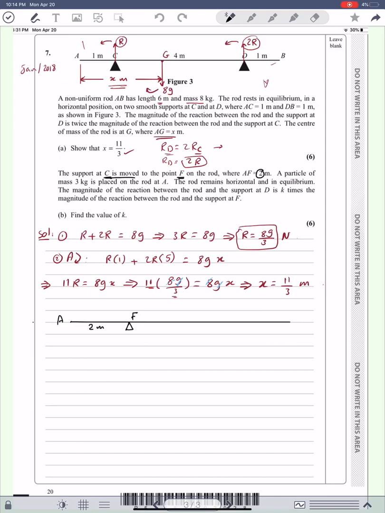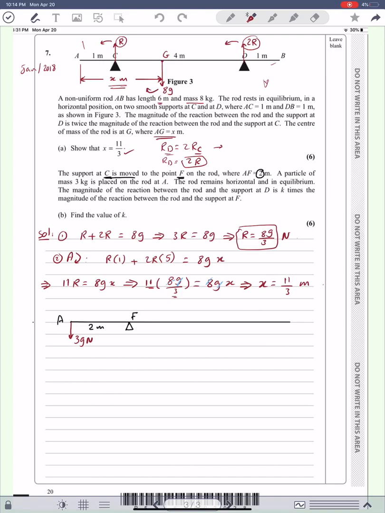Good. A particle of 3 kilograms is placed on the rod at A now. So we have here at A 3G newtons, the weight of the mass 3 times G. The rod remains horizontal in equilibrium.